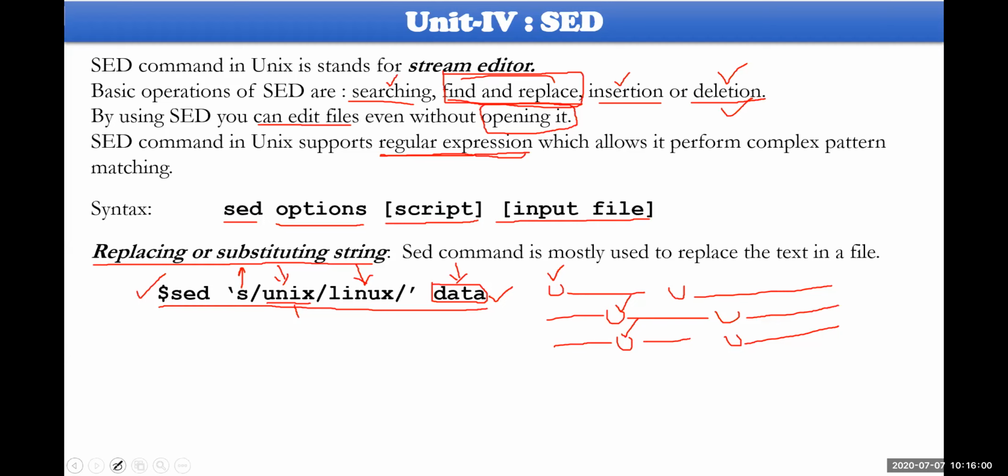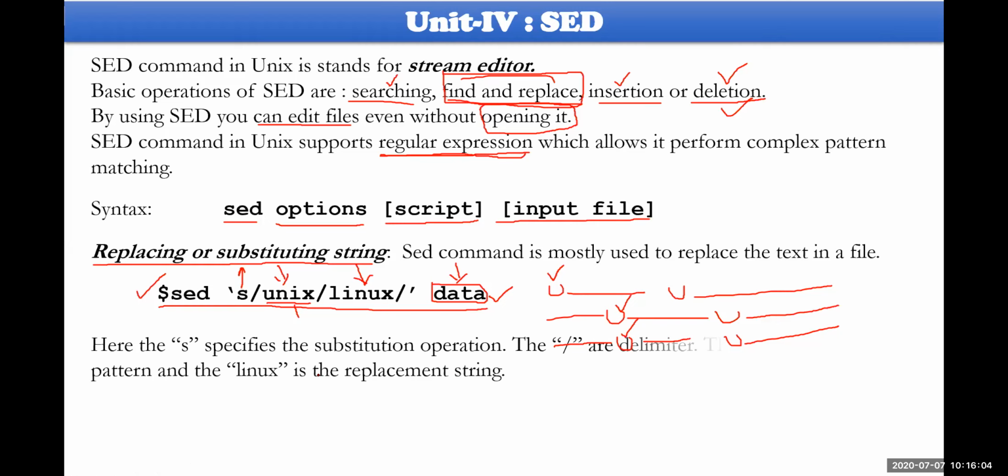So that is what the next sentence I have given here. Here S specifies the substitution operation. Okay, not only substitution, it must identify or search for this particular pattern. If this pattern is identified, then it will be substituted with this second pattern.